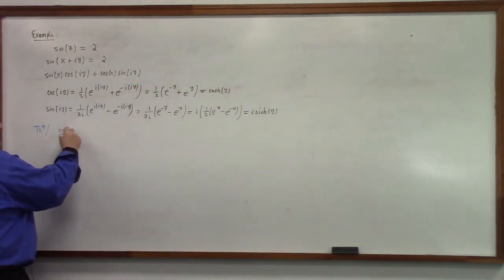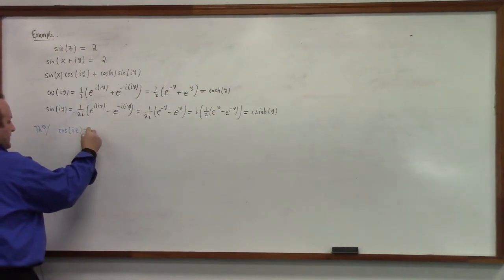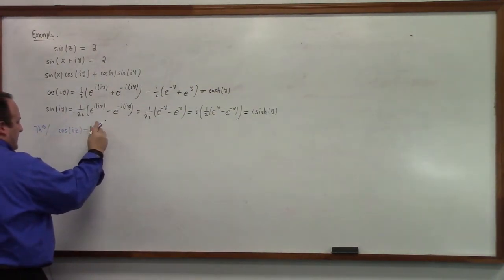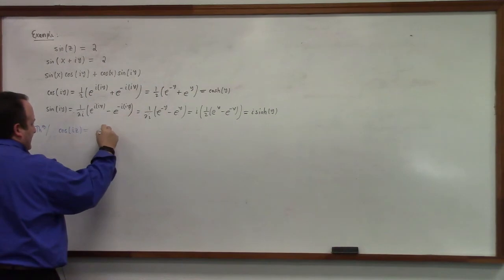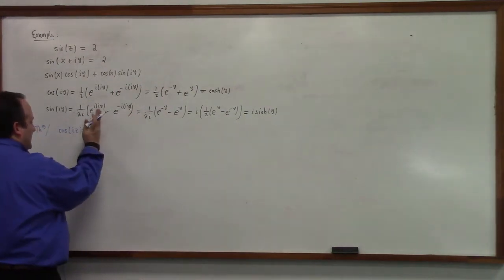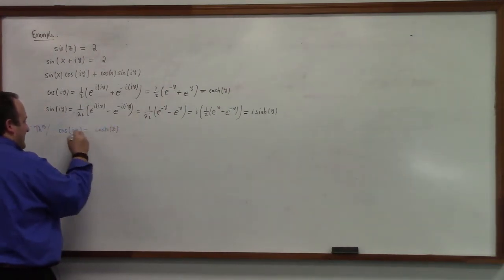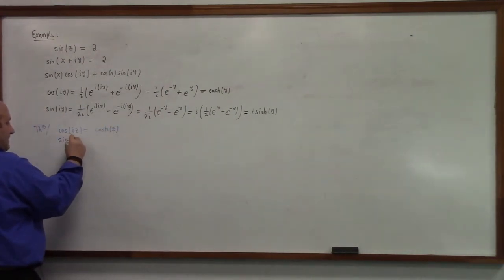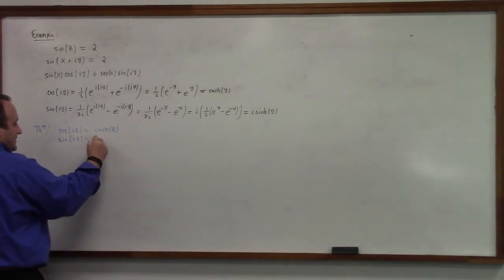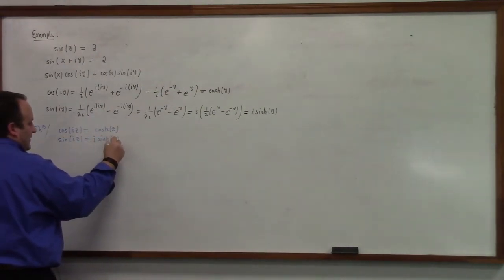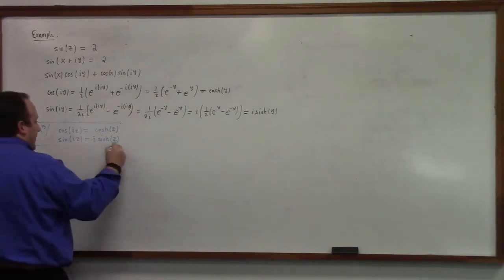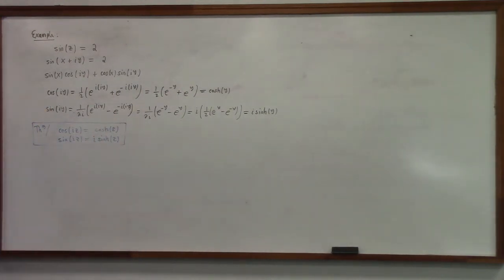If you have cosine of iz, it's the hyperbolic cosine, cosh of z, and sine of iz is i sinh of z. So the identity I just worked out above for y being real is similarly true for complex z. Right? I'm just saying something you should be aware of. All right.